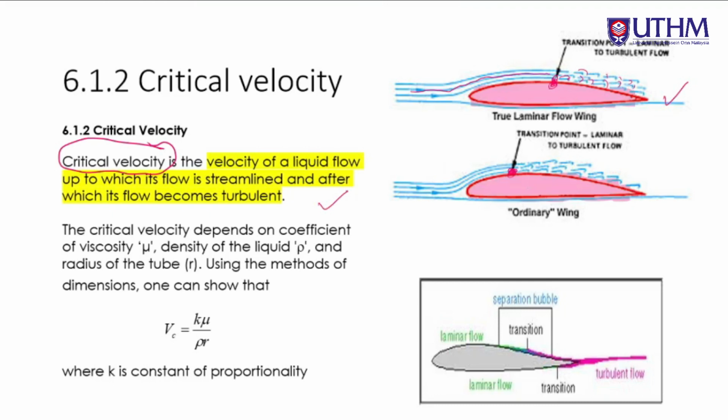So kalau dekat sini kan, kalau kita tengok apa beza objek pertama ni dengan objek kedua ni. Okay, as we can see, the first object is more streamlined and the shape is more aerodynamics. So the position in which the flow changes from a laminar flow to turbulent is kat belakang sikit, a bit further downstream.